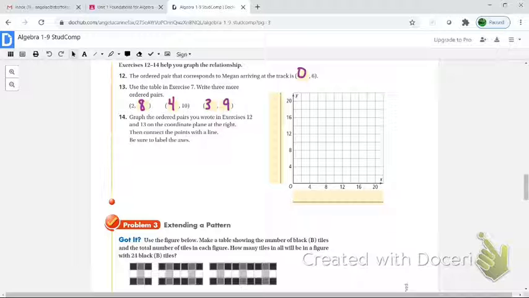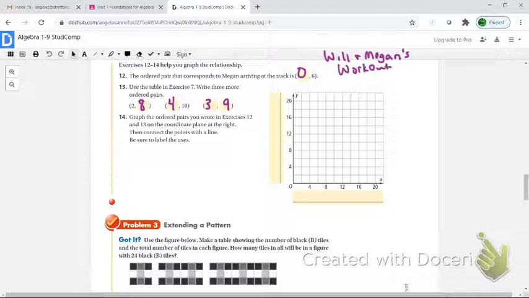Now, usually when we make a graph, especially in this situation, we would want to make a title. So, Will and Megan's, let's go back and just say, we'll call it a workout.